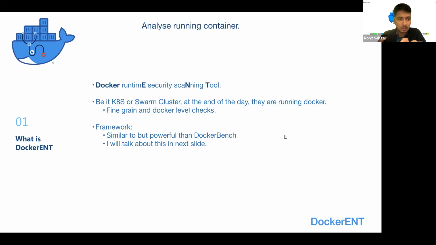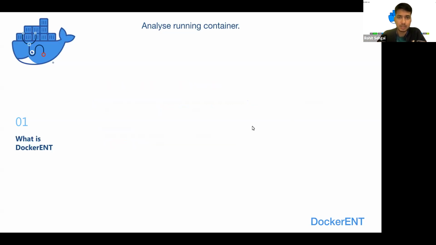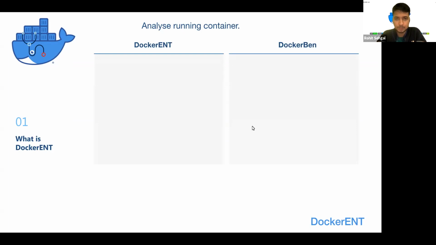Now let's compare this tool with the existing host scanning or configuration scanning tool, which is Docker Bench. I have a few minimal points of difference between these two, and what sort of checks in my particular tool are different from existing scenarios. On one side I'll put DockerEnt and on the other Docker Bench.